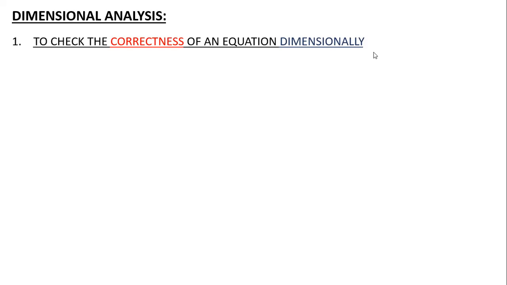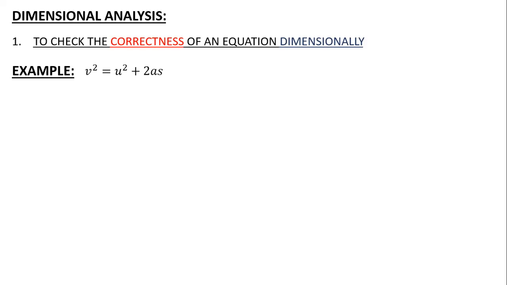So when I say an equation is dimensionally correct, what exactly can we conclude? That we'll try to check. Suppose I take an example, v square equal to u square plus 2as. That is your basic third equation of motion.